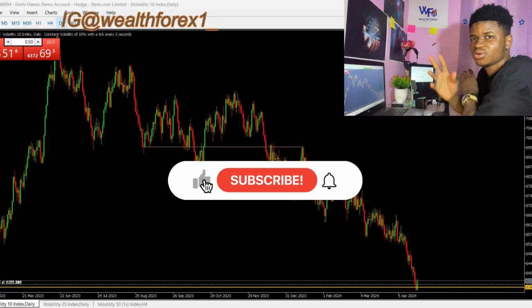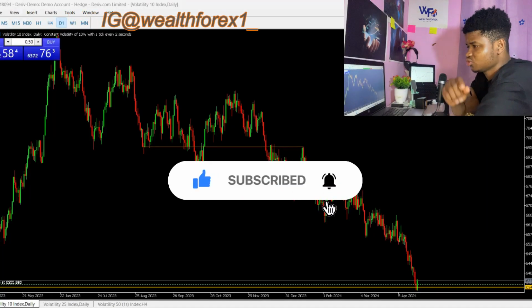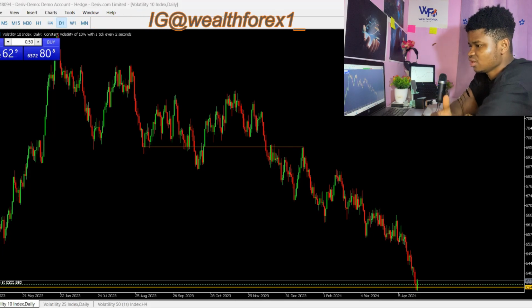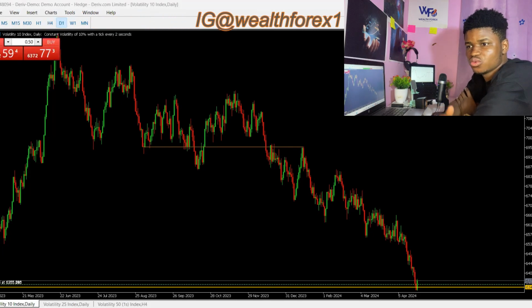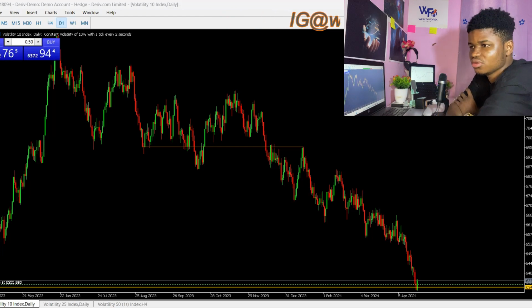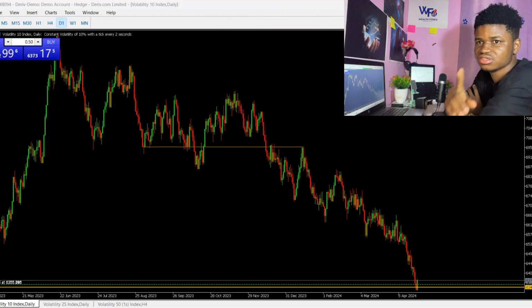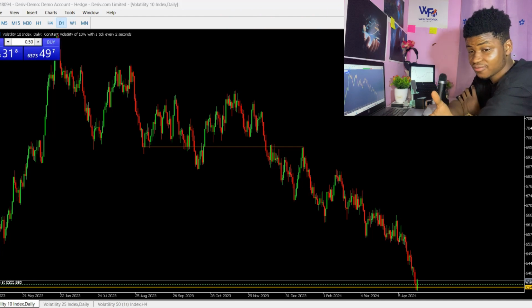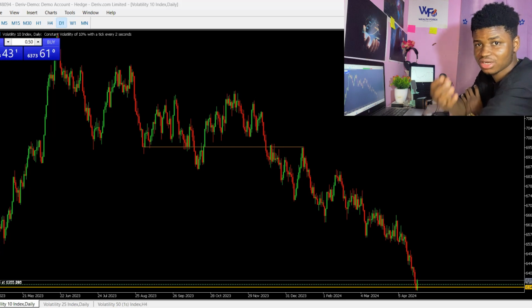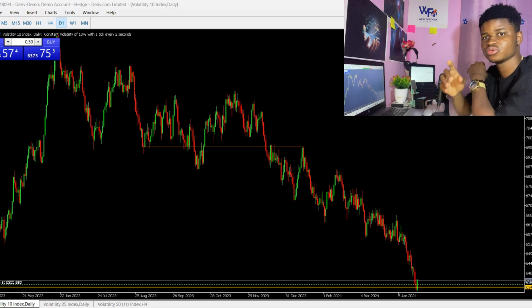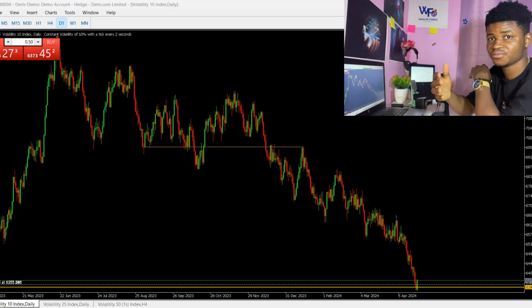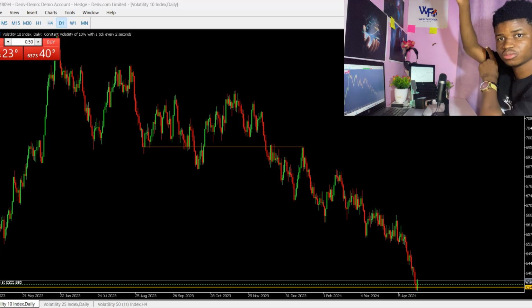Now let me ask you a question before we jump to the chart. Let's assume you are in a room with a ball, and you bounce the ball on the floor. Once it hits the ground, you will notice something. The floor is going to add pressure on the ball, and the ball is going to go up, relating to the pressure, up to the roof.